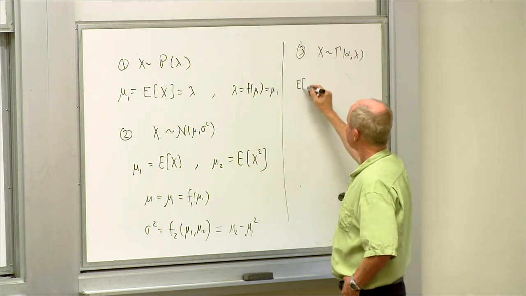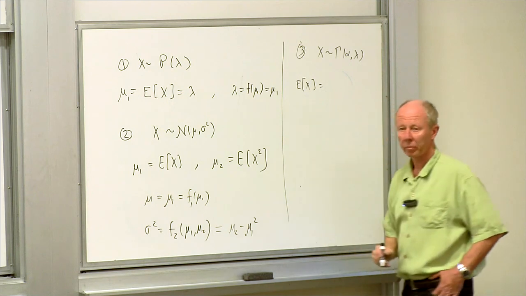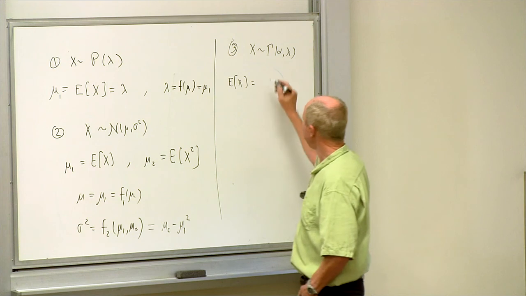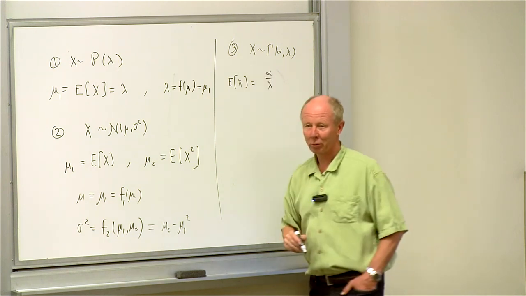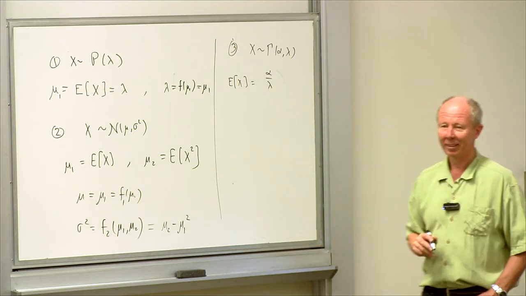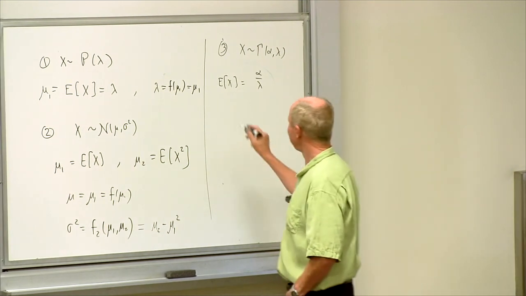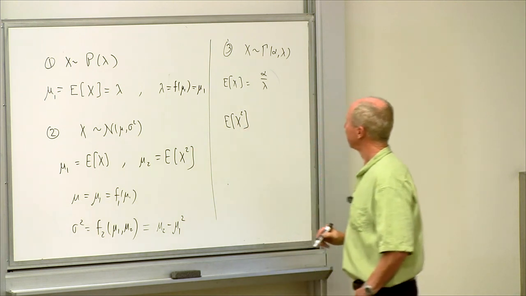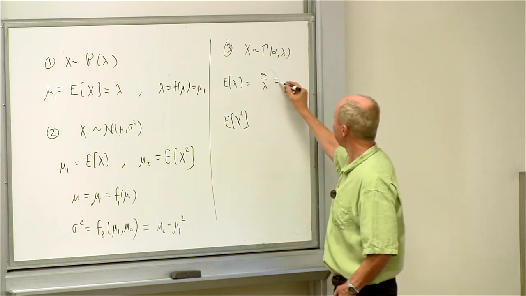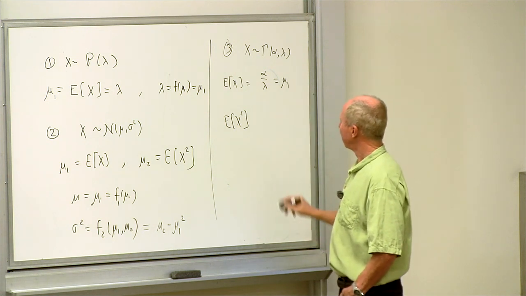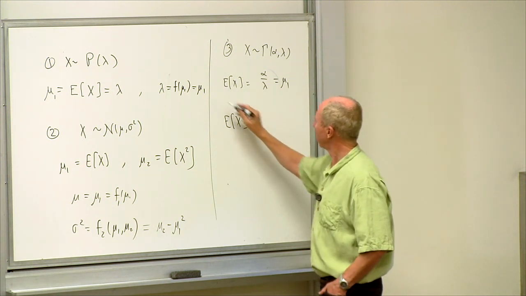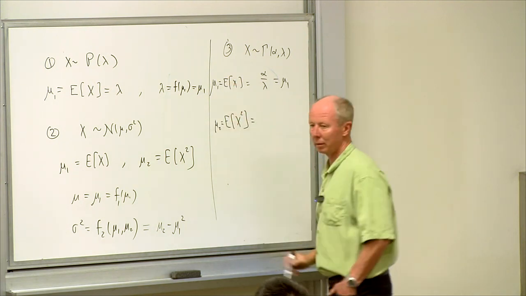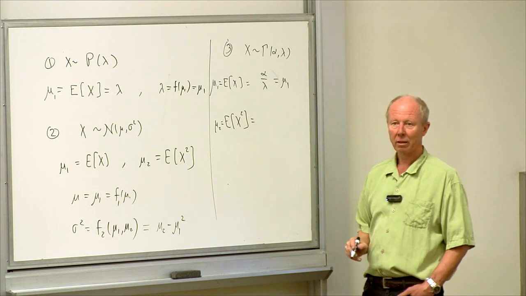The expected value of x is... good memory, because that was question 1 on the final exam, right? And what's the expected value of x squared? So this is mu1, and mu2. Remember how I do that?